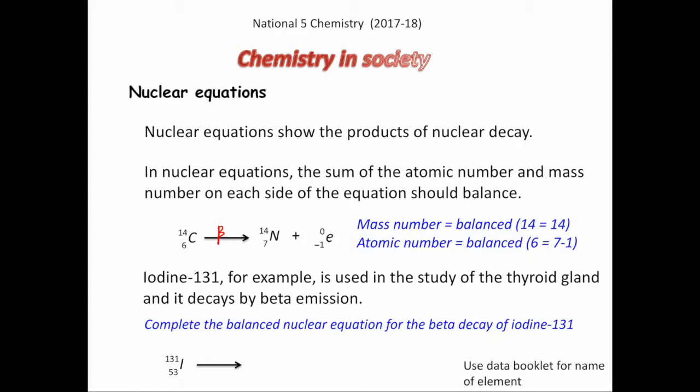And when it undergoes beta emission, what would it form? You can take help from your data booklet, and you'll see that when it undergoes emission, it changes into xenon, releasing one beta particle. So your equation is all balanced.